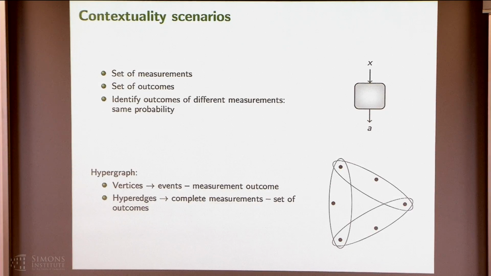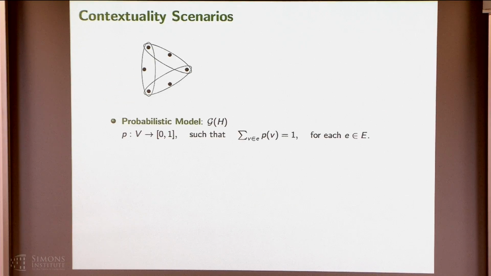Given this contextuality scenario, the objects that we're interested in studying are conditional probability distributions. That is, the assignment of values between 0 and 1 to each of the vertices such that that value represents the probability that such an outcome occurs whenever the measurement is performed.